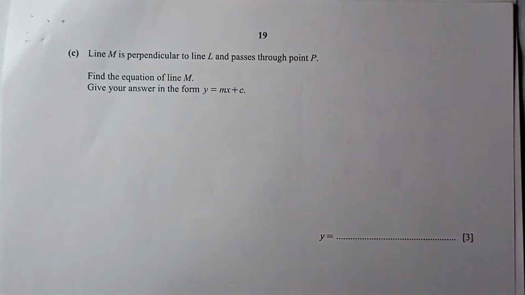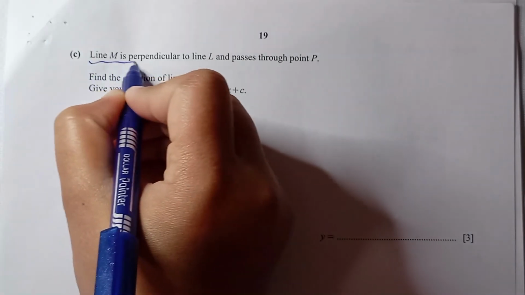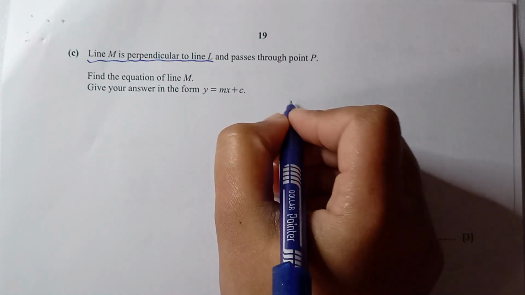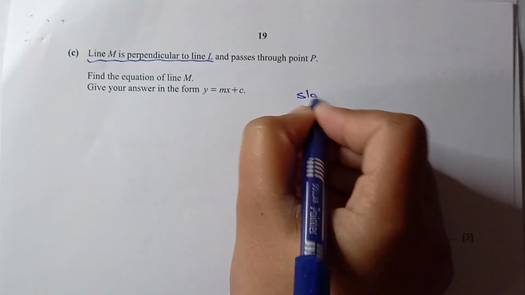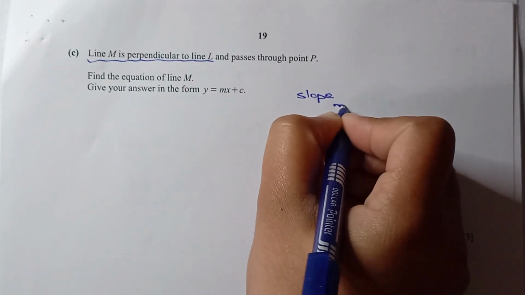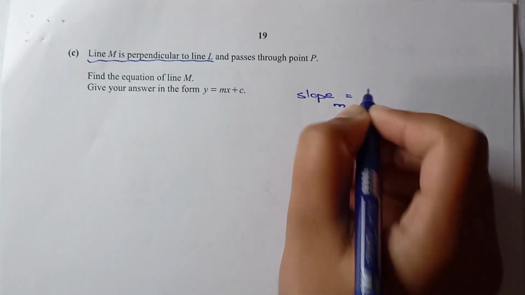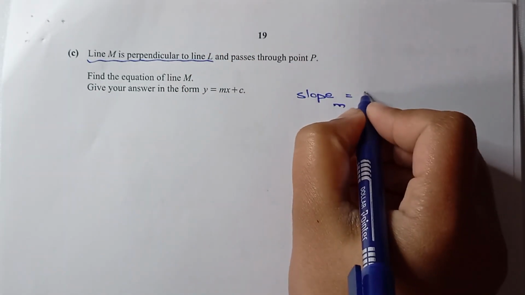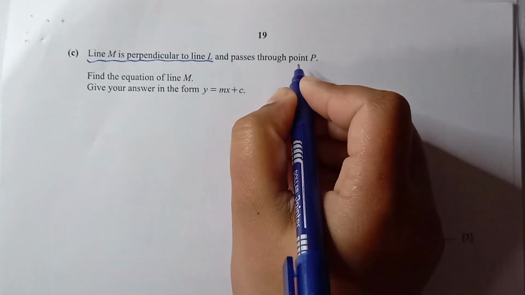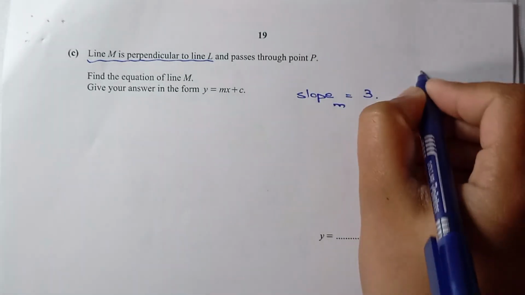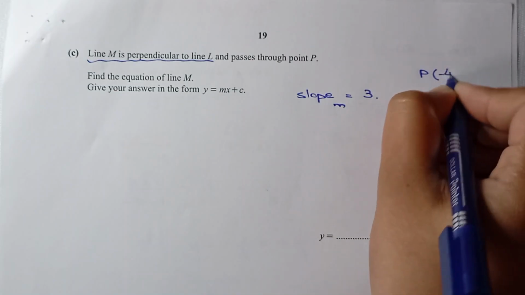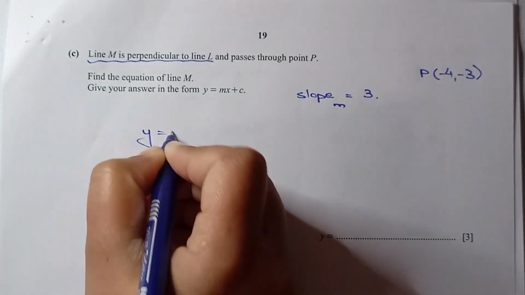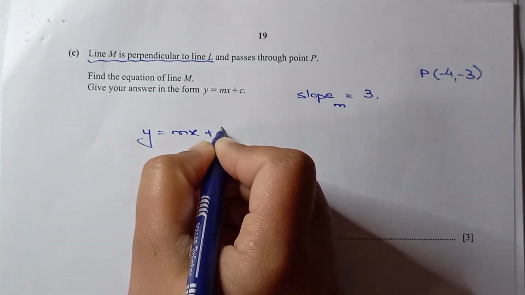We are given that line M is perpendicular to line L. When two lines are perpendicular, the slope of line M is the negative reciprocal of the slope of line L. Line L's slope is -1/3, so it would be just 3. And it passes through the point P, which is (-4, -3).